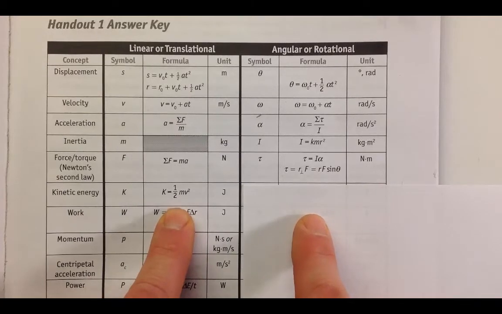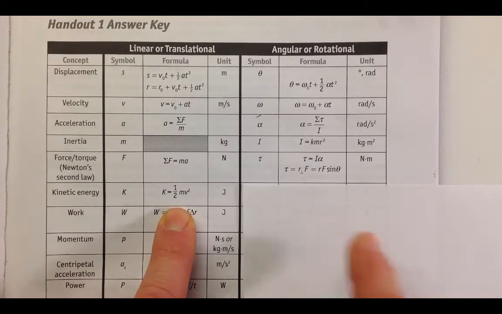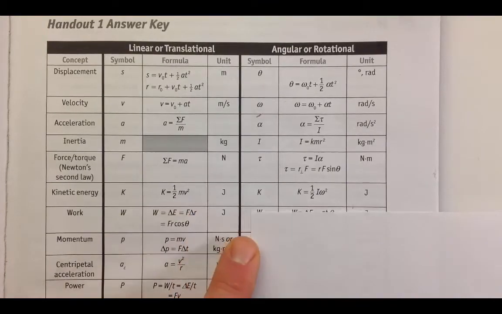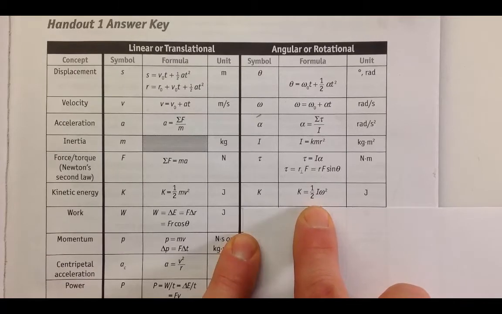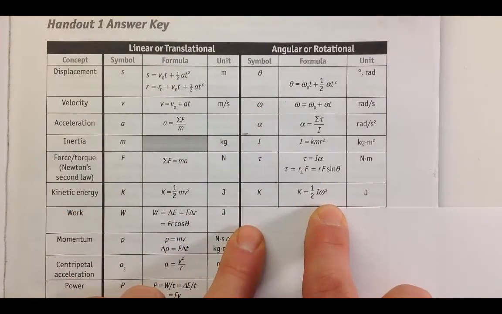By now, you're more than familiar with the formula for kinetic energy in the linear sense, 1/2 mv squared. And kinetic energy in the rotational sense is 1/2 I omega squared, where omega is your angular velocity.